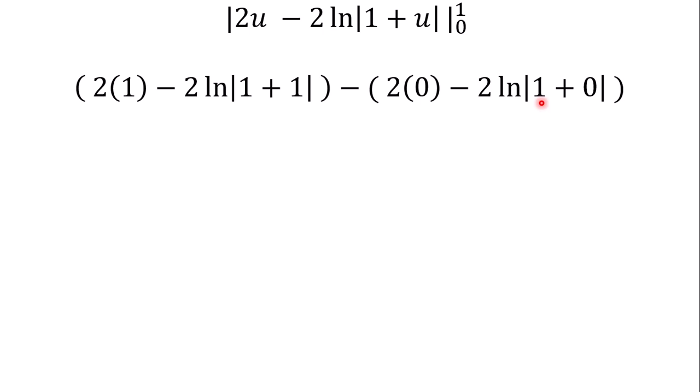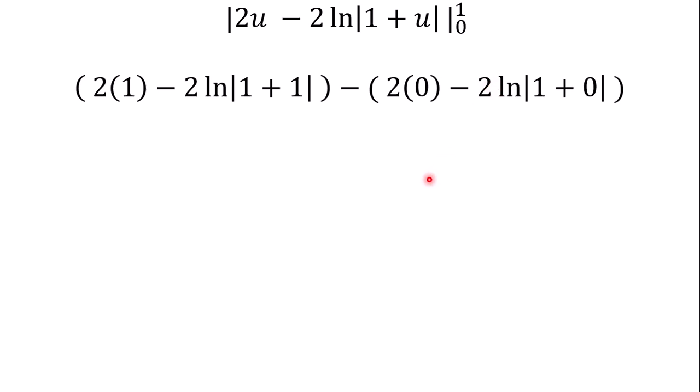If you are thinking of how to deal with it, just punch it on your calculator and you get your answer at the end of the day. Okay, so this will just give us natural log of 1. Natural log of 1 just gives us 0. Multiplied by 2 will be 0, so the whole of this one will be 0. So what we are going to get is 2 minus 2 natural log of 2, because the whole of this one will give us 0.